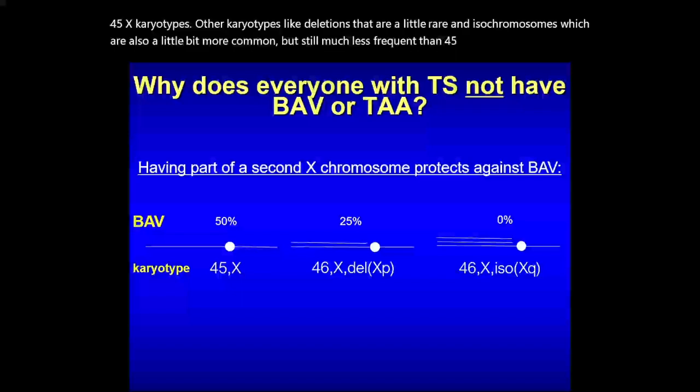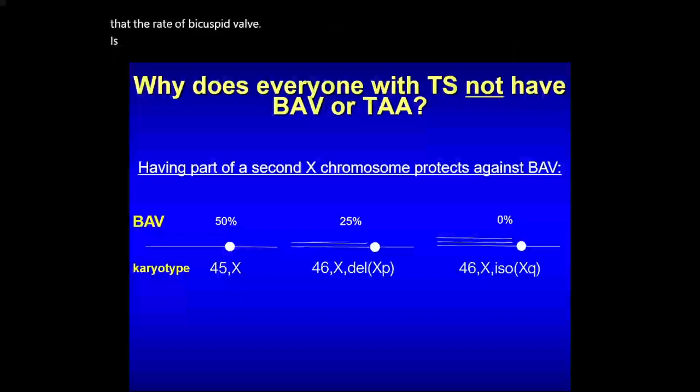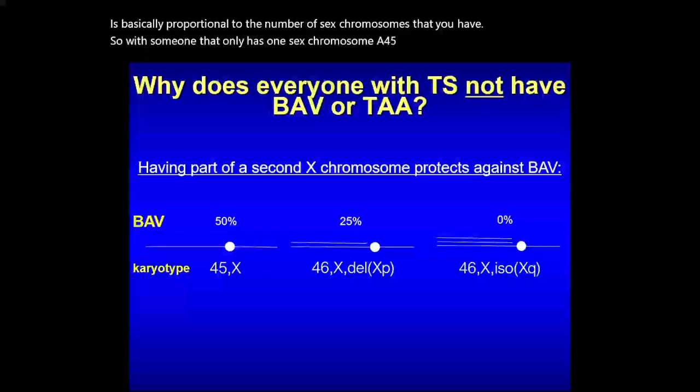And what we found was that the rate of bicuspid valve is basically proportional to the number of sex chromosomes that you have.